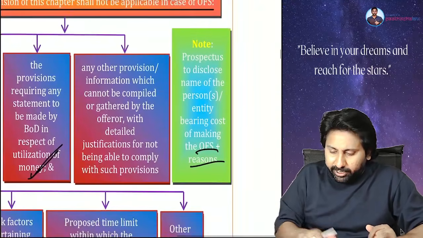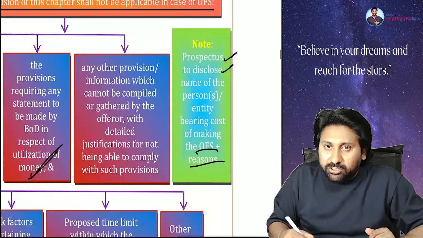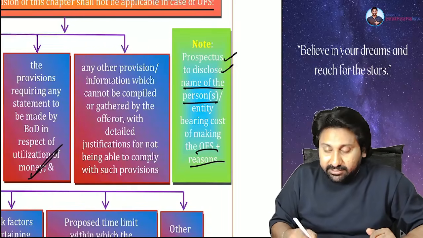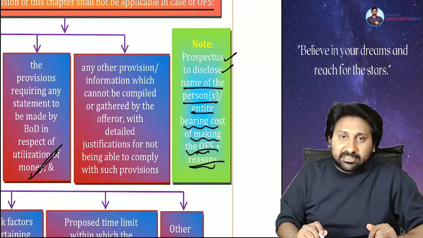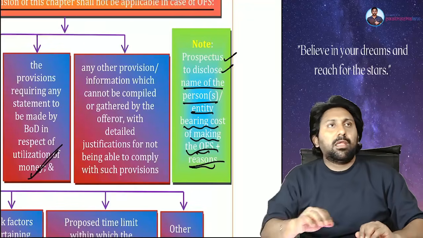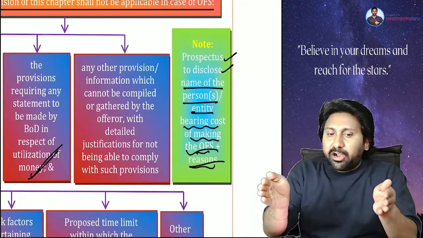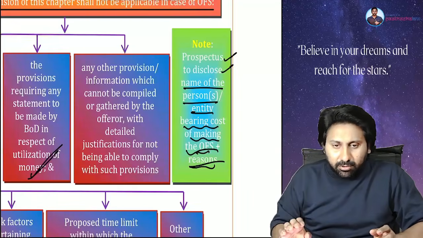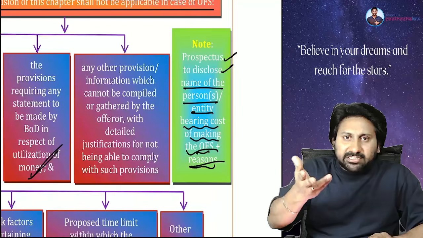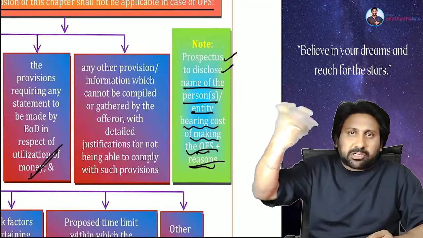And the last point, the prospectus to disclose the name of the persons or entity bearing the cost of making the OFS and reasons. Means, for example, 100 people formed a group of members, they wanted to sell. They will not sell directly to the public. The company will issue the prospectus, everything.